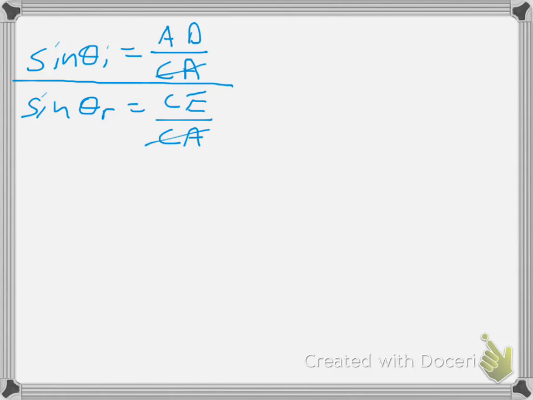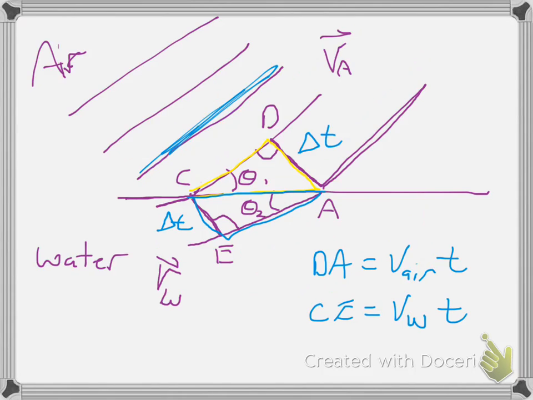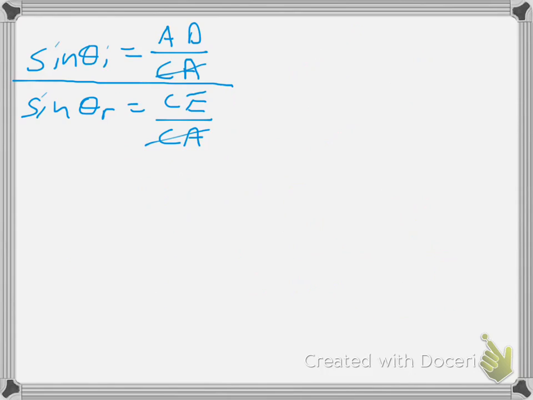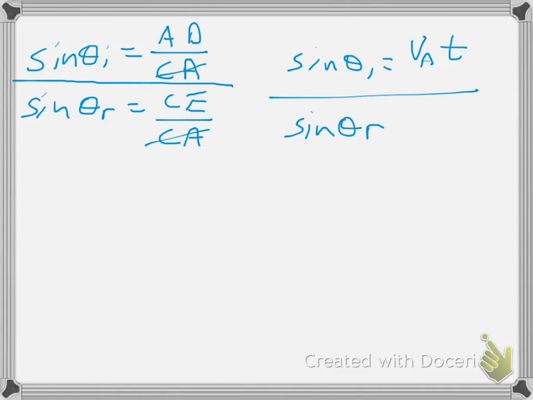Going back two screens, AD was the velocity in air times time. So we can rewrite it as sine theta incident over sine theta refracted equals the velocity in air times time over the velocity in water times time. Then the times are equal, so we can cancel those.